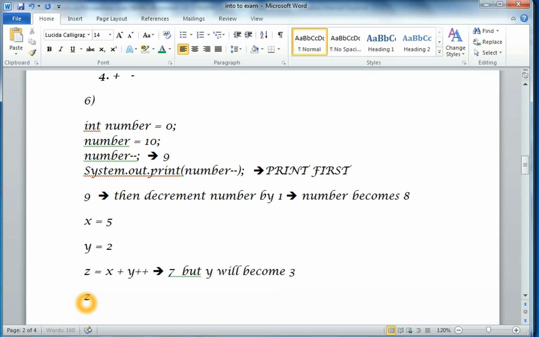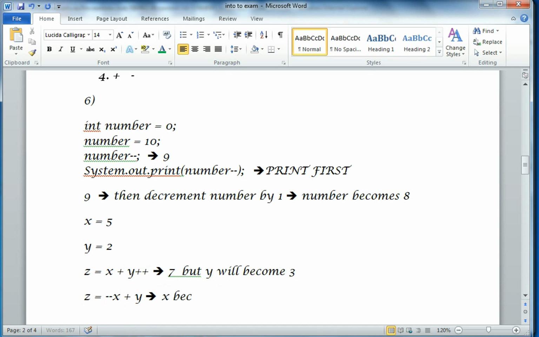But if you had z is equal to minus minus x, okay, what we're doing here is doing this first, which is minus minus first, which is decrement x by 1 first.